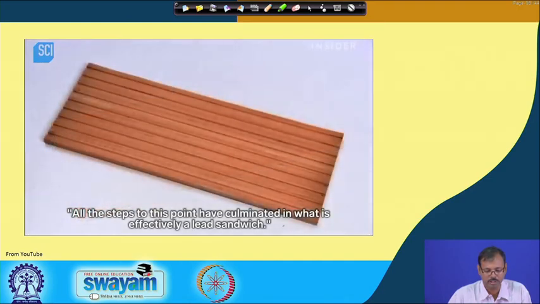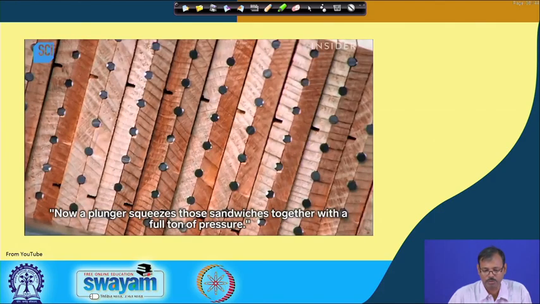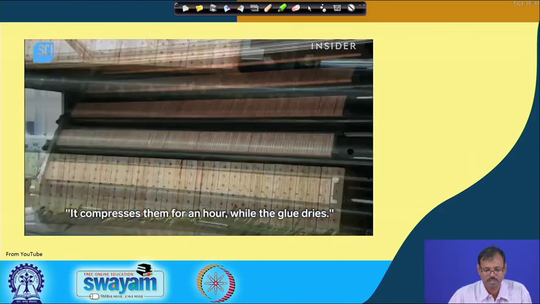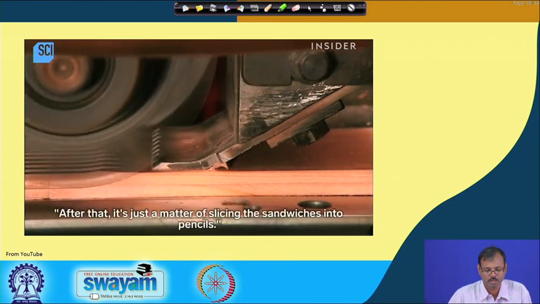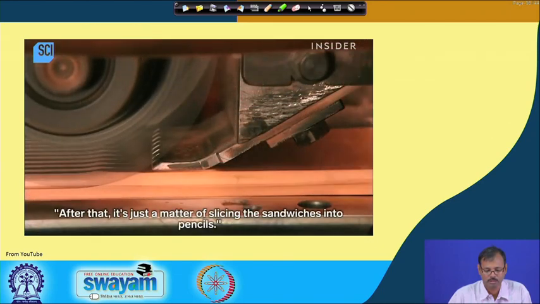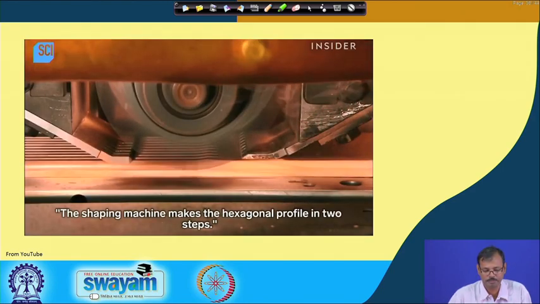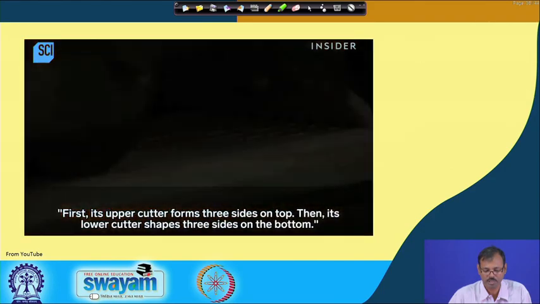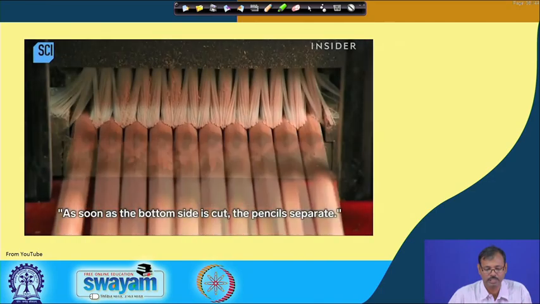and so these are covered with another wooden piece, and finally these are set like this, so that a pencil can be formed. Then they will cut each pencil separately from that, and then sharpen it from the different sides.